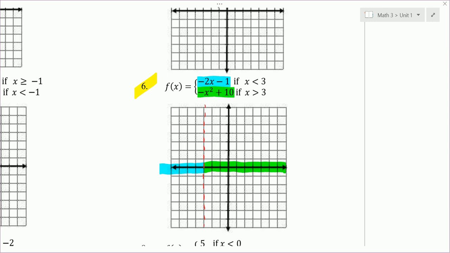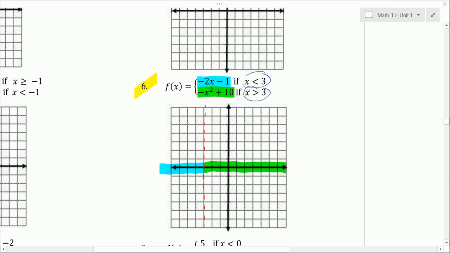So let's start with the first piece. Sometimes it's hard to draw just the first piece. It's okay to draw the whole thing and then erase what you don't want if that helps. But this is linear, and you have to plug in the critical point here.